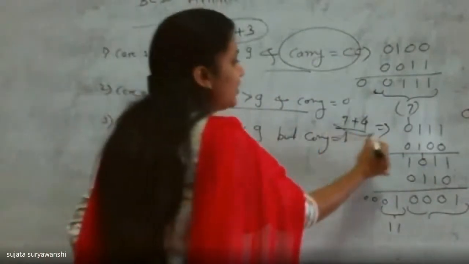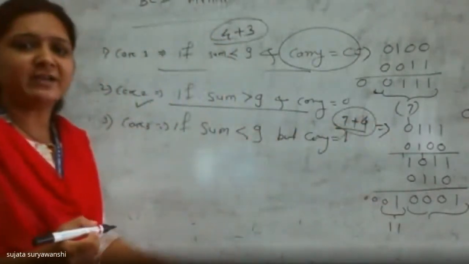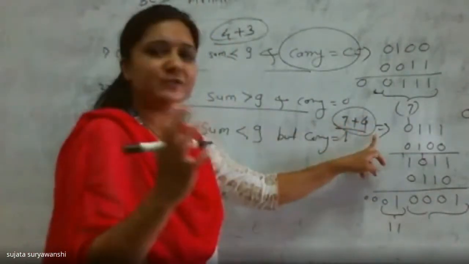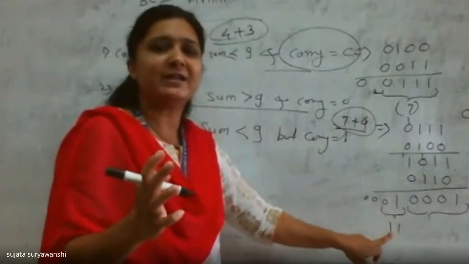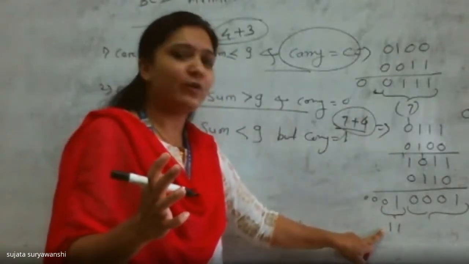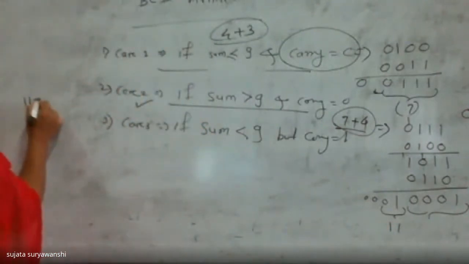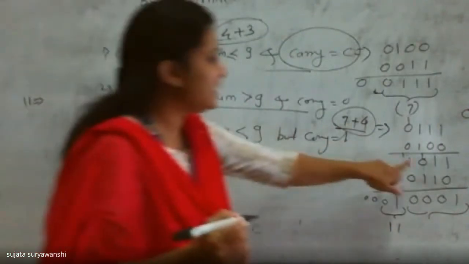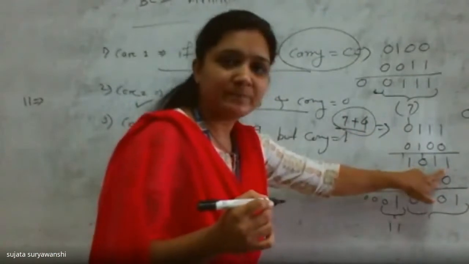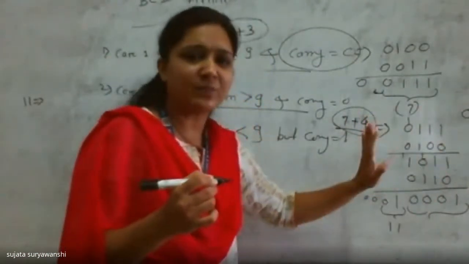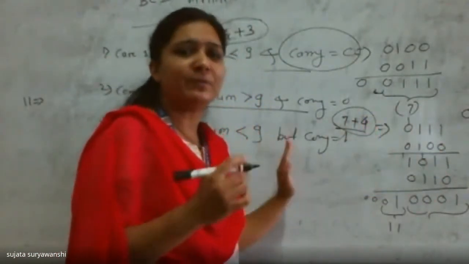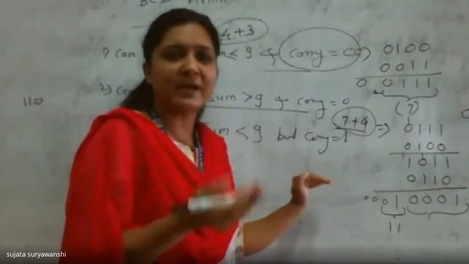Your question is to add 7 and 4. 7 plus 4 is equal to 11 and you are getting it in the BCD format, that is 11. If you want to represent 11, you can't represent it like this, 1011. 1011 is the binary equivalent, but here we are performing BCD addition, not binary addition.